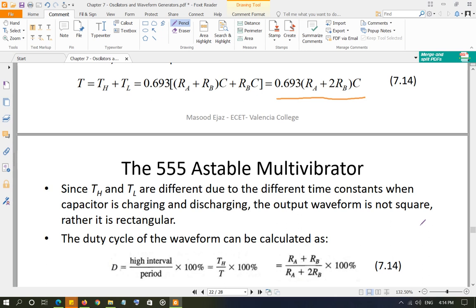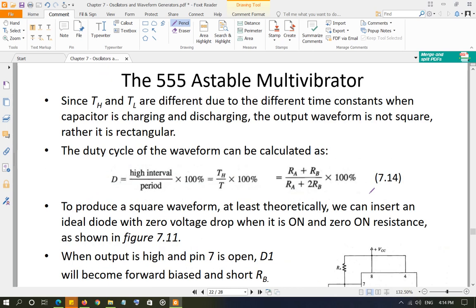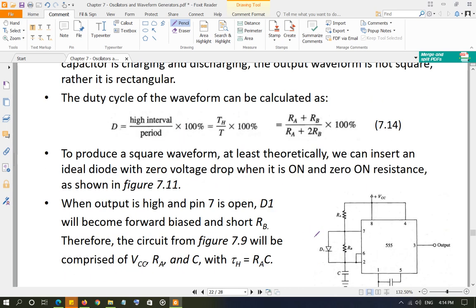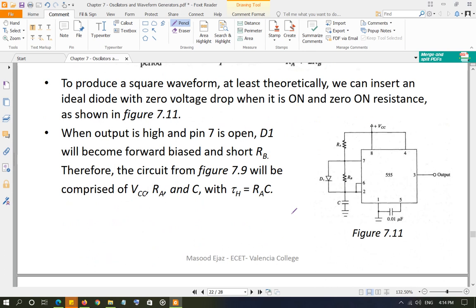In any case, if you want to have, at least theoretically, equal high time and low time, then what we can do is use an ideal diode in parallel with RB. In parallel with RB. Why?